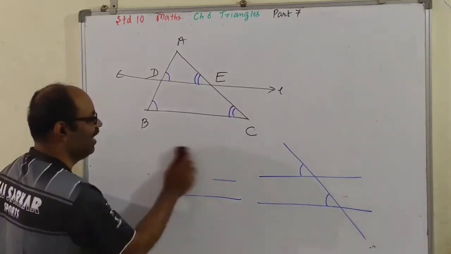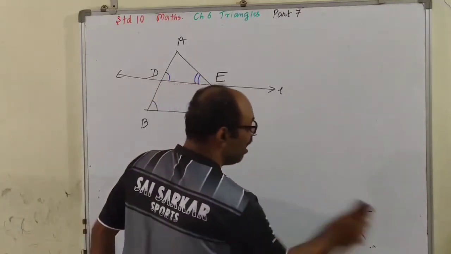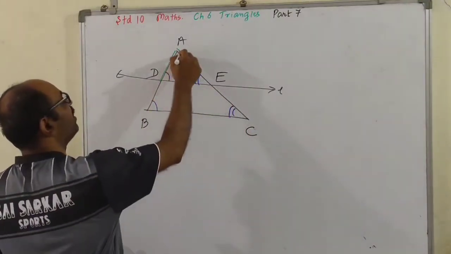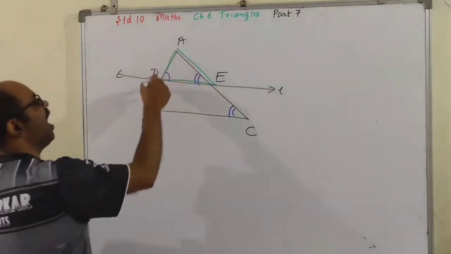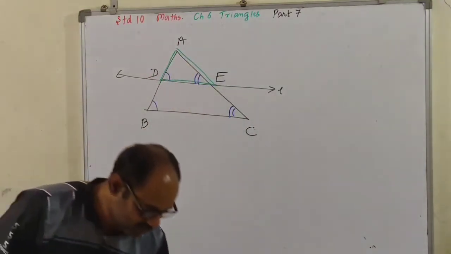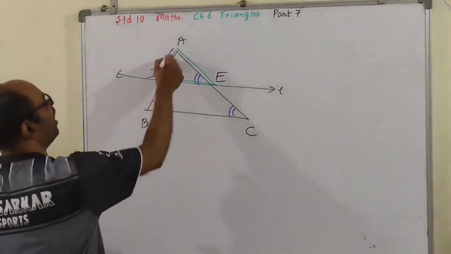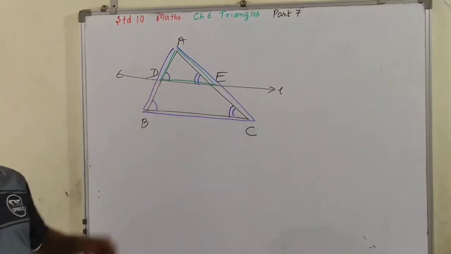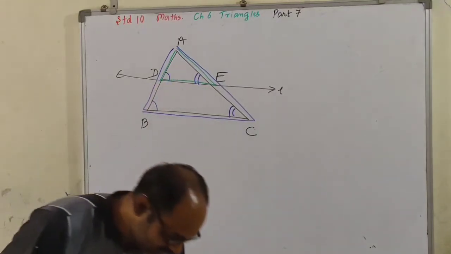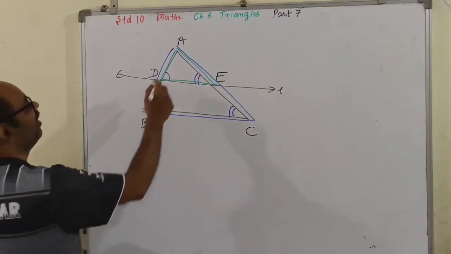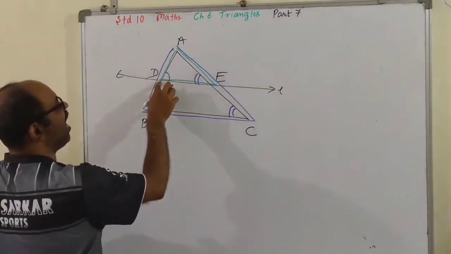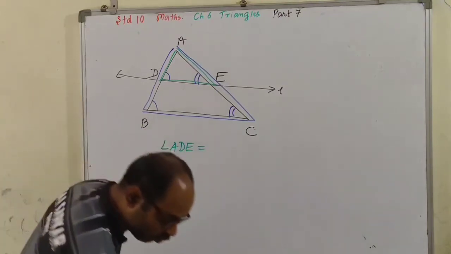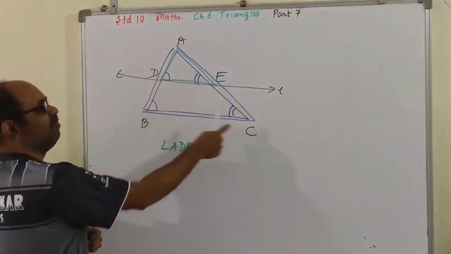Are you getting me? Correct. So here I am going to pick up two triangles. First triangle is ADE and the second triangle is ABC, green and blue triangle. In the green triangle, angle ADE is equal to the blue angle ABC.